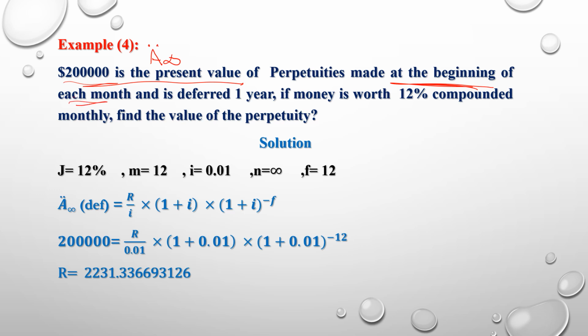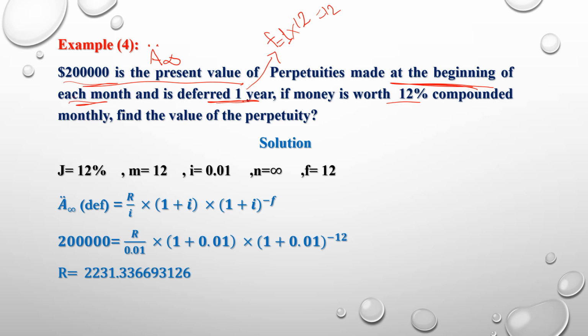So it's a monthly perpetuity, or monthly annuity, and is deferred for 1 year. So the deferment period is a year. So F equals 1, which is the deferment period, times 12 as it's a monthly payment.